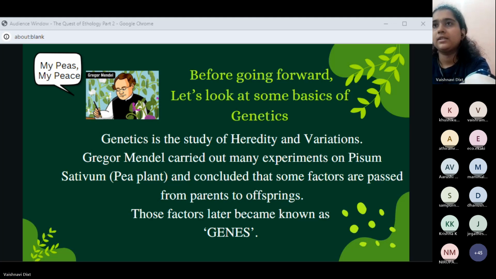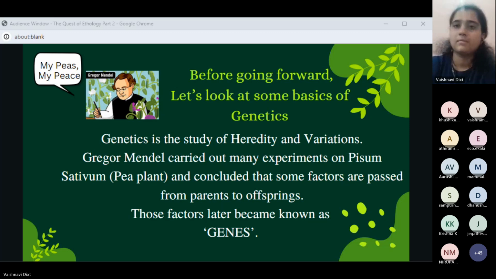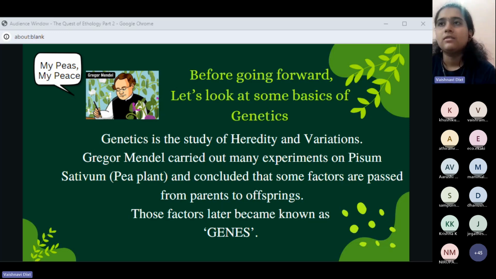Yes, correct. What more? Coding parts of the DNA. Okay. So the coding segments of DNA, as you guys said, the hereditary units which are carried on from generation to generation. Now since you know what genes are, what are alleles?